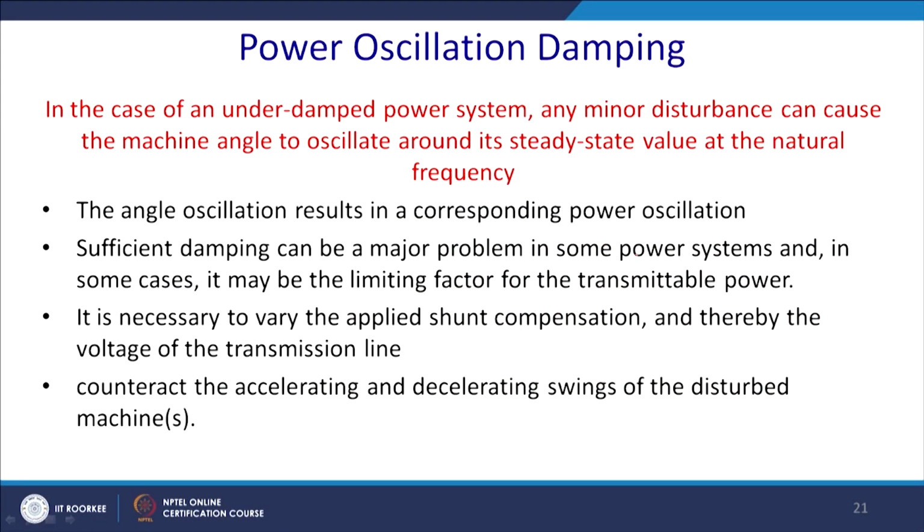This angle oscillation also results in oscillation in the power, since when delta changes, the power also changes. Sufficient damping can be a major problem in some power systems and it may be a limiting factor for the transmittable power.